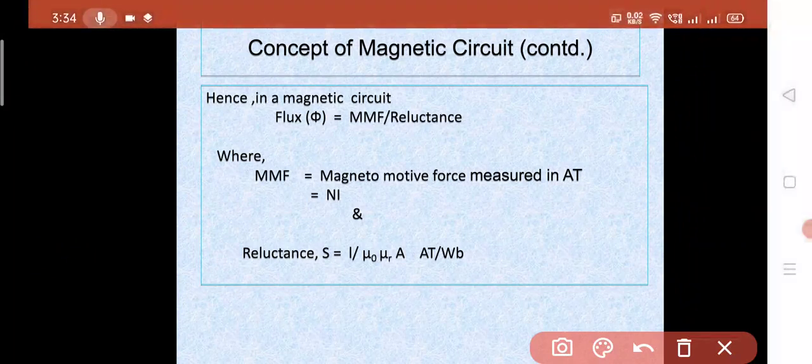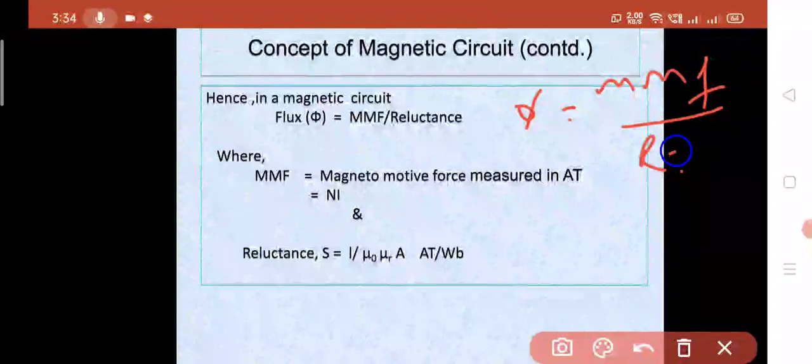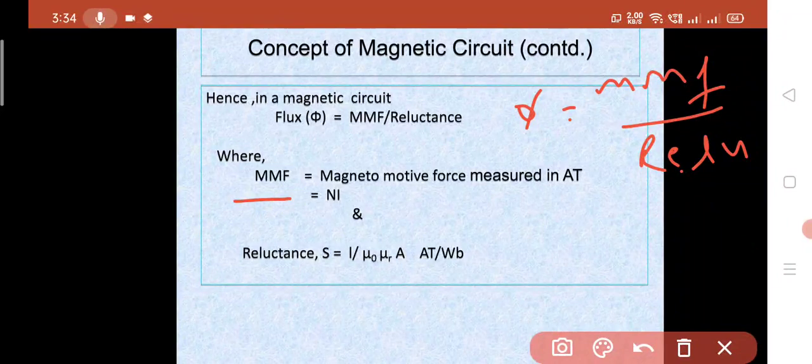Next, hence, in a magnetic circuit, flux phi is equal to MMF by reluctance, where MMF is magnetomotive force measured in ampere turns, so MMF is equal to NI.